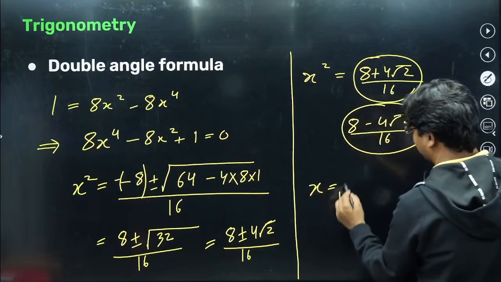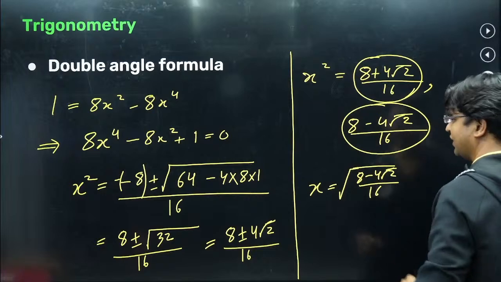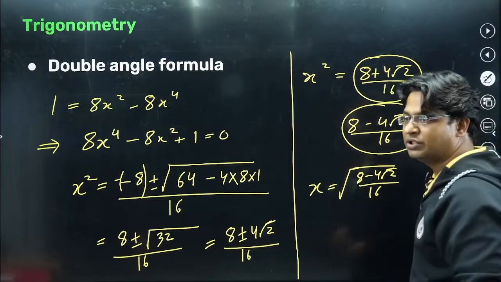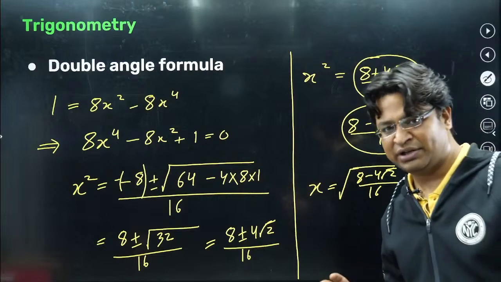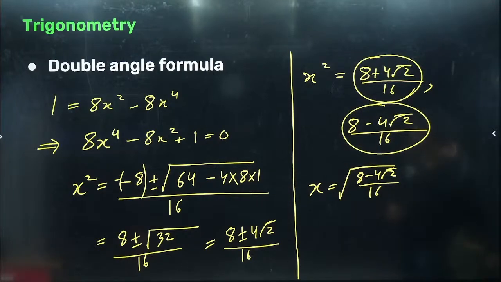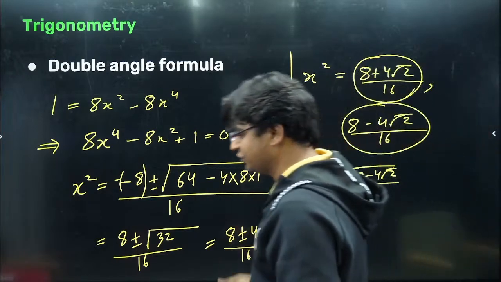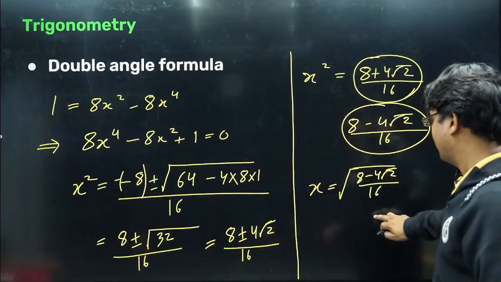So x can be written as root of 8 minus 4 root 2 by 16. So like this we can find out the value of sine 22.5. I hope you are getting it, everyone. So this is the value of sine 22.5. So this is how we can make use of the double angle formula.